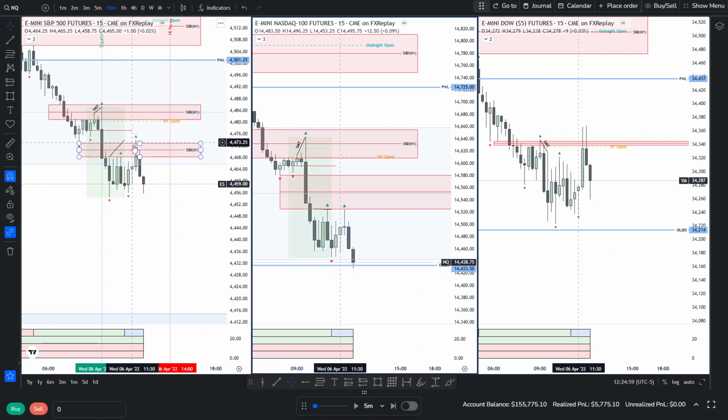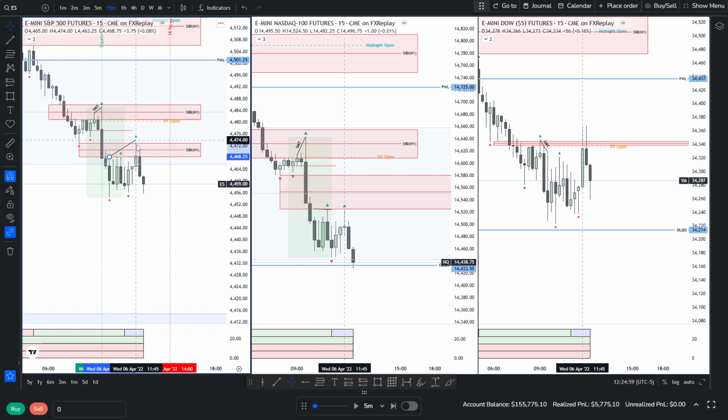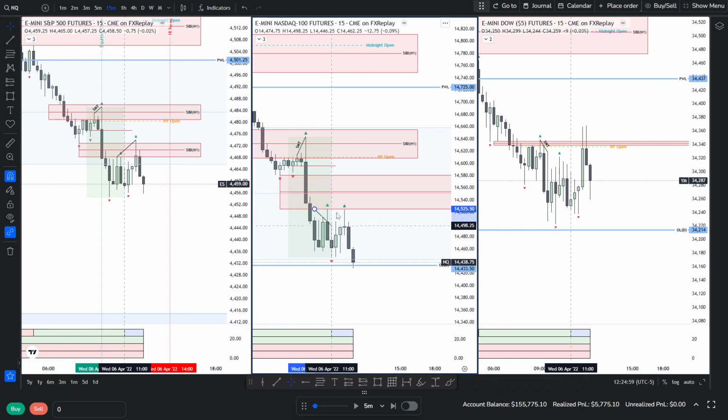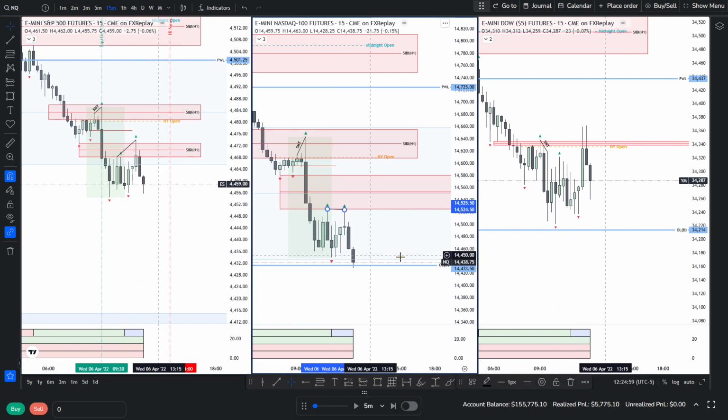But interestingly, this is a trade idea. But NQ has now traded into that low. Should go lower.